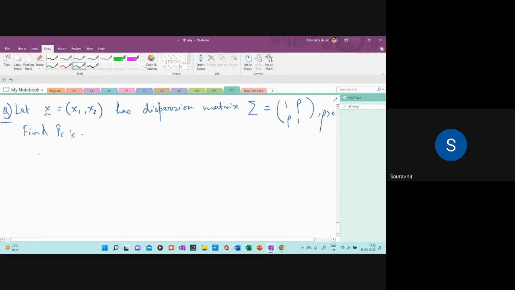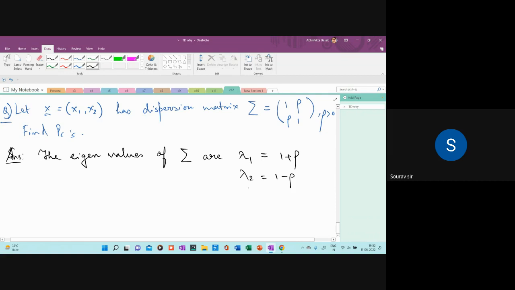Obviously, I'm not going into the details of the calculations. If you can see, the eigenvalues of sigma are lambda 1 equals 1 plus rho and lambda 2 equals 1 minus rho, because you know that 1 minus rho square is the determinant, and when we equate this with 0, it gives me this.